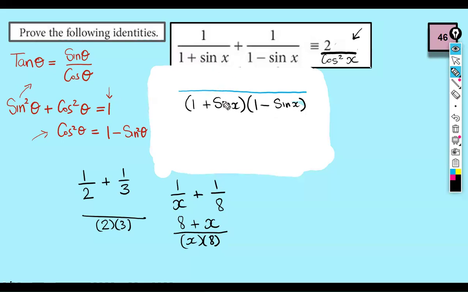So this into this leaves you with 1 minus sine x. 1 minus sine x multiplied by 1 is 1 minus sine x. 1 minus sine x into this LCM, this and this match up, so it leaves you with the other part. So you're left with 1 plus sine x. You multiply by the numerator, which happens to be 1. And when you multiply anything by 1, you get itself.